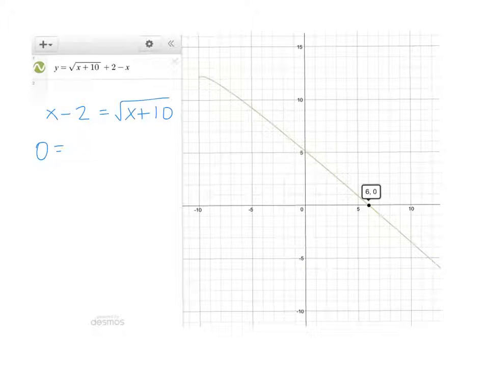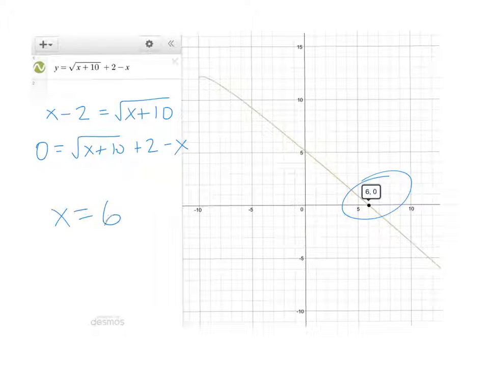So we get 0 equals root x plus 10 plus 2 minus x, but it's just moving that stuff to the other side. Or you could move the root to the left side. It doesn't matter. You replace that 0 with a y and then find the zeros of the function. Put everything on one side of the equation, replace the 0 with a y, and then find the zeros, or the x-intercepts. So that's here, 6 and 0, which means that x equals 6.